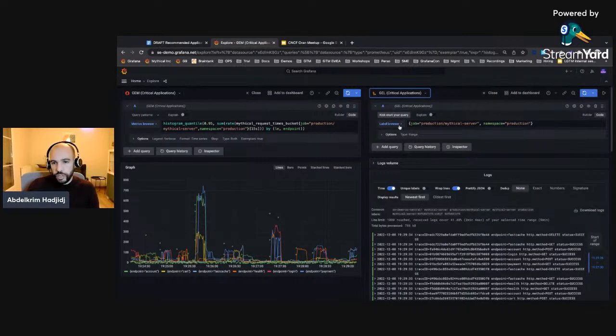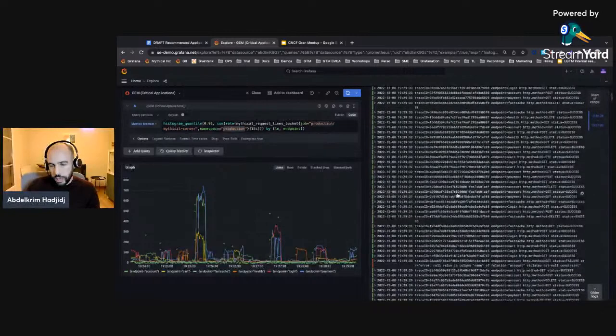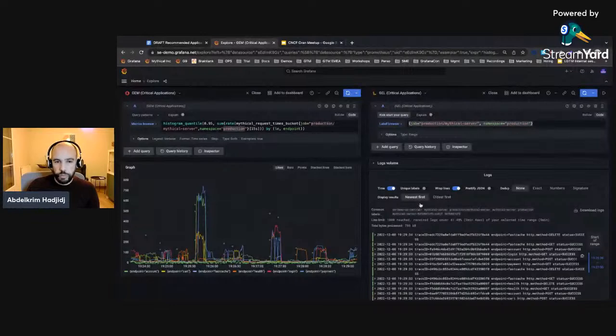And what you notice here is the data is filtered automatically for you, because here we had this label that helps us get metrics for the production service, the mythical server service from the production environment. And this has been automatically filtered. So all the logs I see here are only the logs for this particular service.